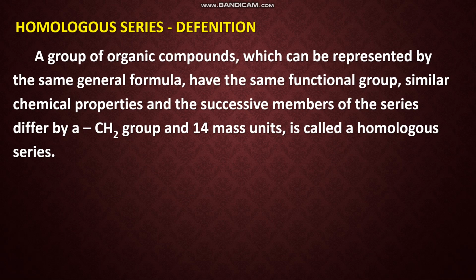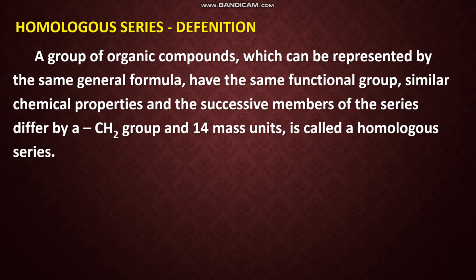Once again, a group of organic compounds which can be represented by the same general formula, have the same functional group, similar chemical properties, and whose successive members differ by a CH2 group and 14 mass units is called a homologous series.